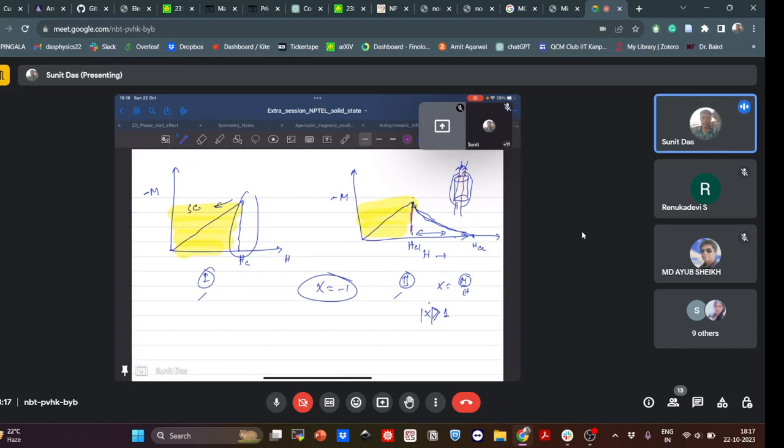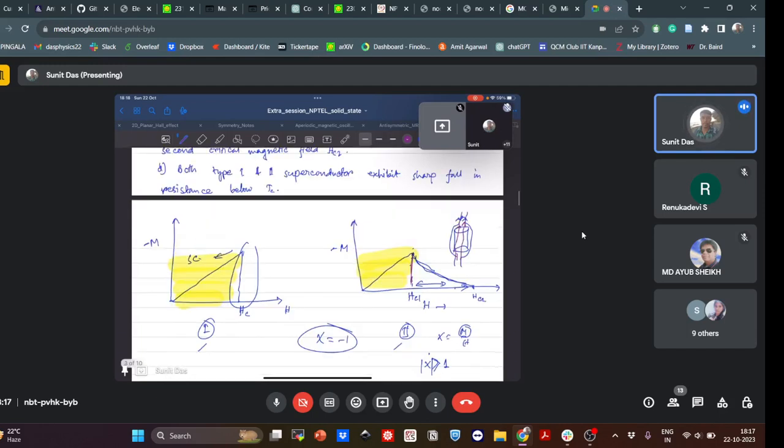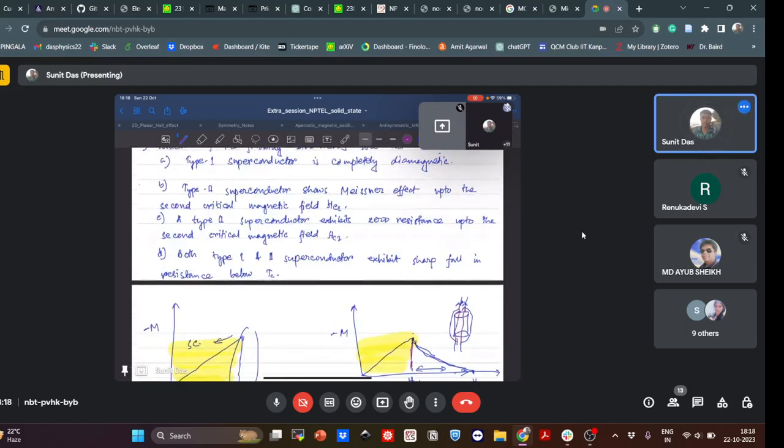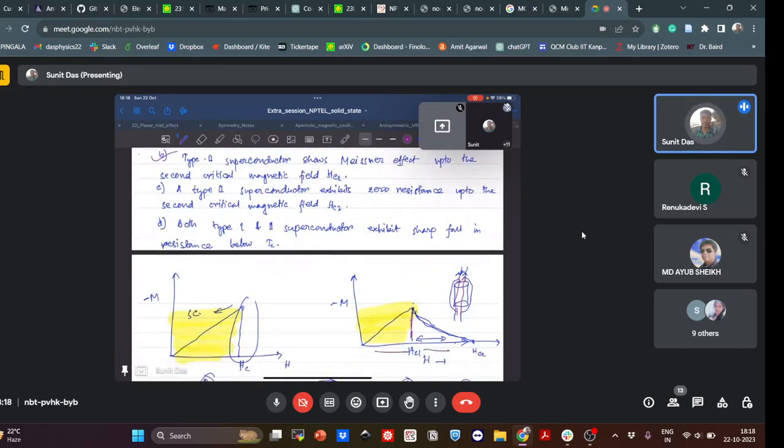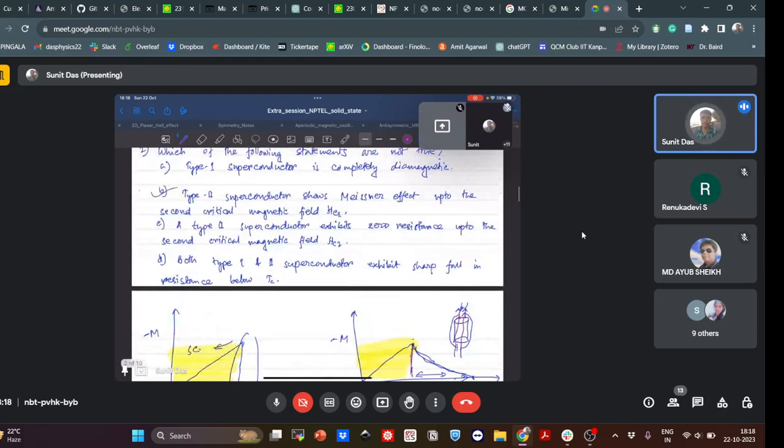So that means the perfect Meissner effect is not there for a type 2 superconductor. Up to Hc1 this is okay, but beyond Hc1 the Meissner effect starts decreasing. So this option is wrong. Okay, so this is the correct answer then.